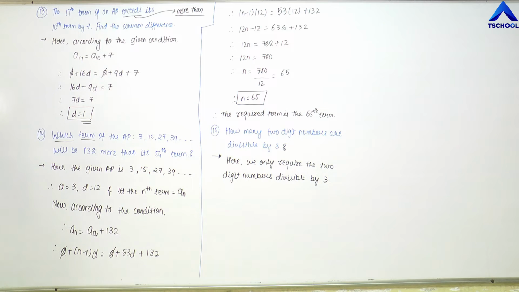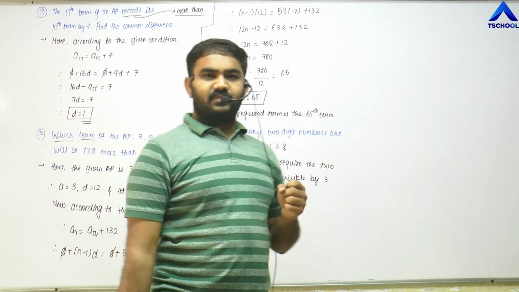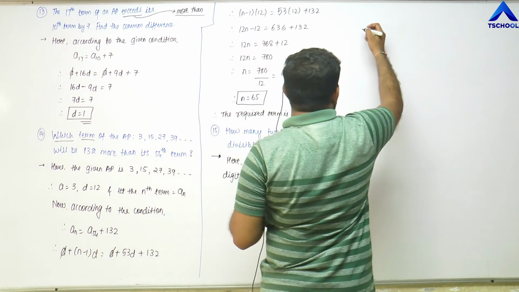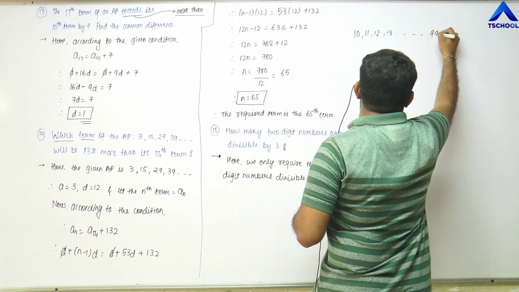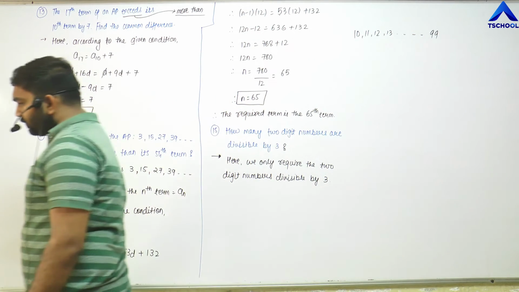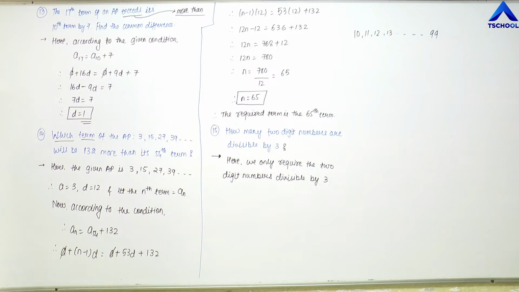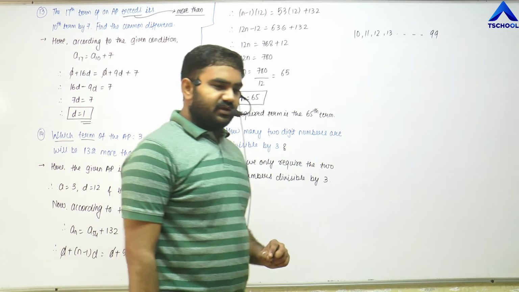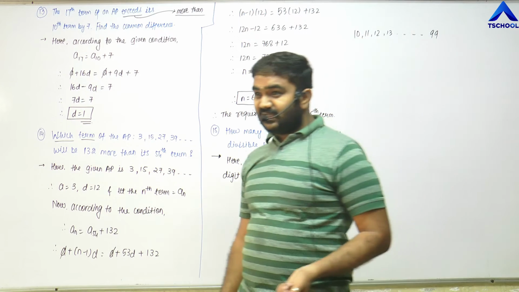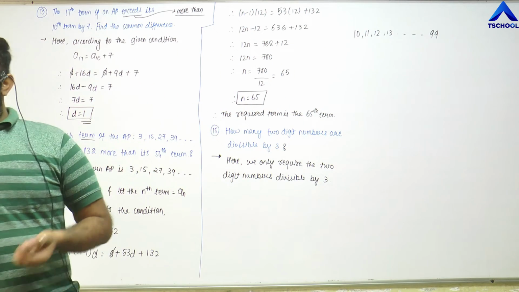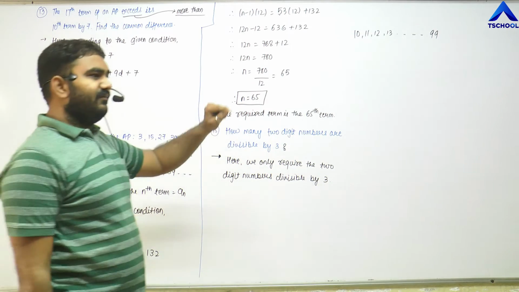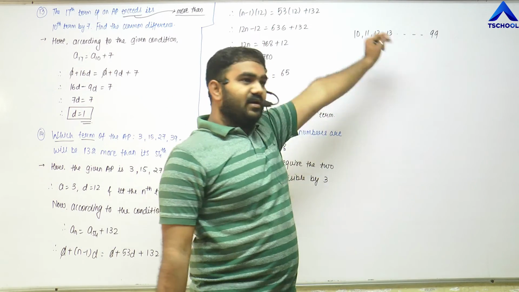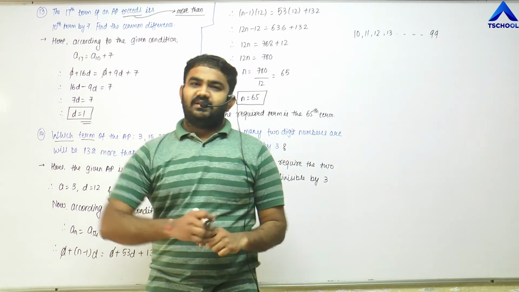To find these, first of all we must know what the two-digit numbers are, up to 99 starting from 10. See, friends, you cannot write 1 as 01 and call it a two-digit number, because 01 does not make any sense as a two-digit number, right? So you cannot write from 1 to 9 as two-digit numbers. So the first valid two-digit number is 10 and the last valid two-digit number is 99.